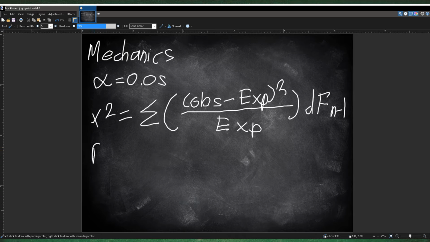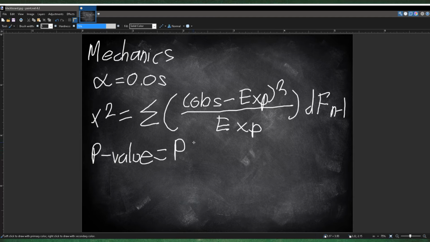So then we have a p-value. While the T model and the Z model use a Z score and a T score, in our mechanics we really didn't have to do that. So basically, we're just going to plug this into our calculator, and we're going to use the x squared value in our calculator to get this area.